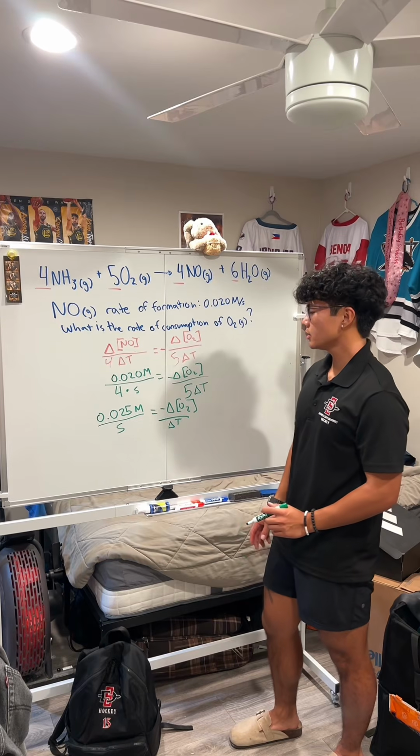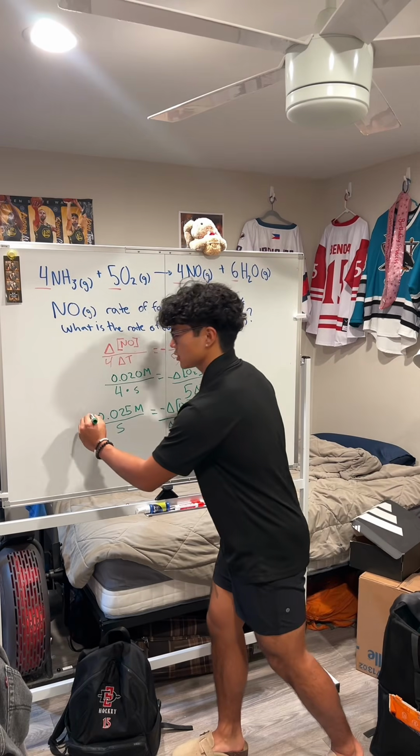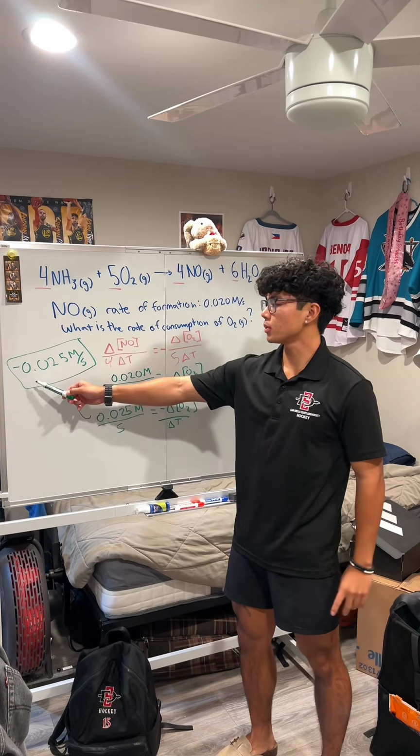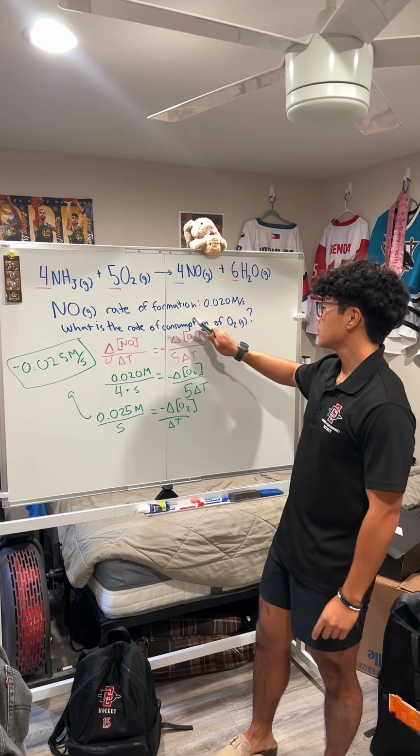Now all we have to do is move the negative sign from this side to that side, and the final answer is negative 0.025 molarity over seconds for the rate of consumption of O2.